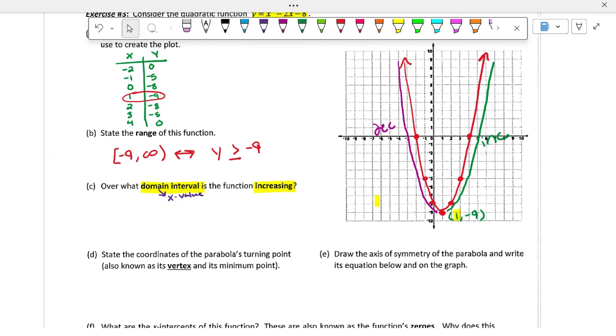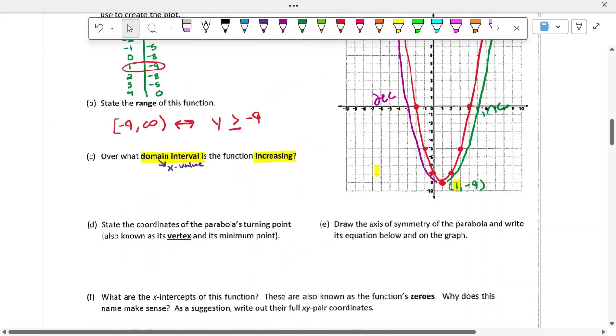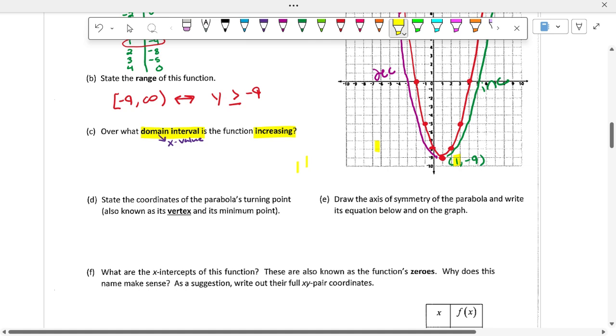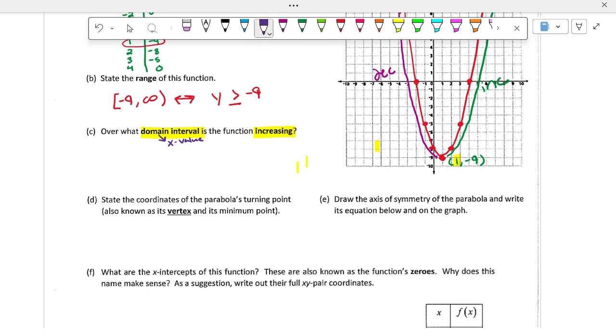Now, technically, we are not increasing or decreasing at the vertex. So instead of using a bracket at 1, we use a parenthesis because it's not quite defined there, meaning we're not actually increasing at 1. It's like the only gray area. We're neither increasing nor decreasing at the vertex. So we go from 1, then we go to infinity.